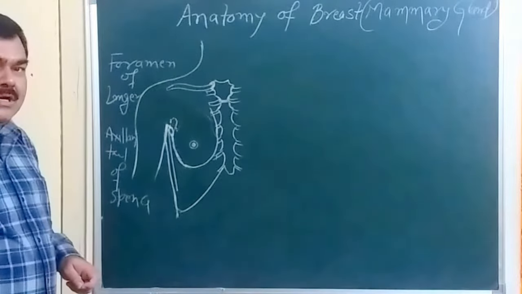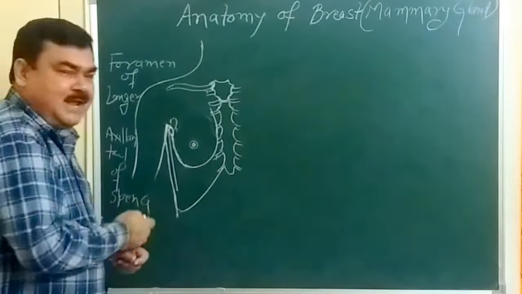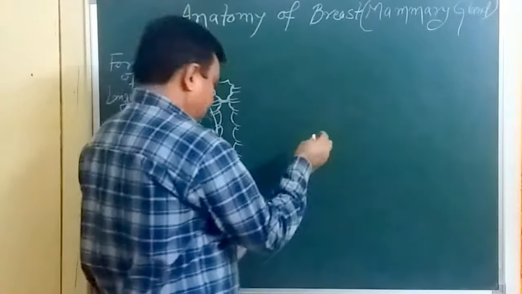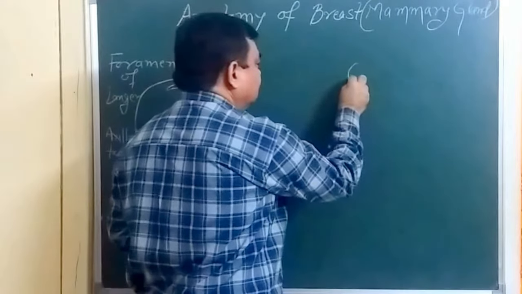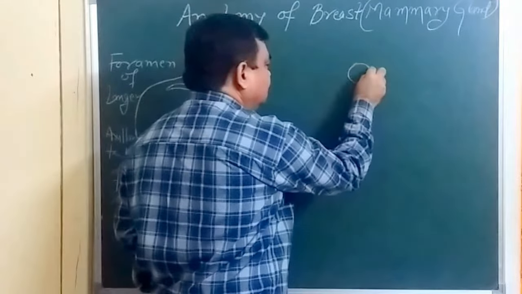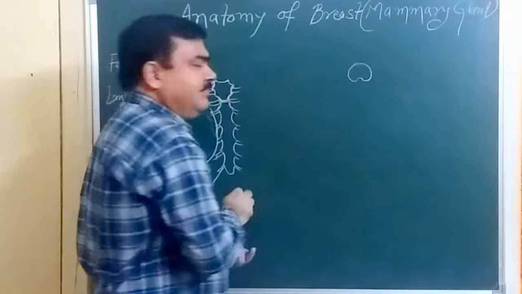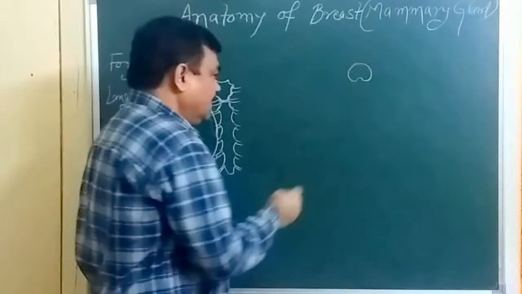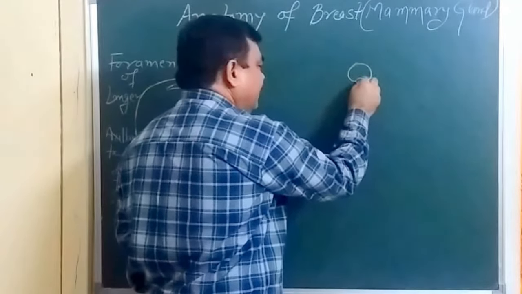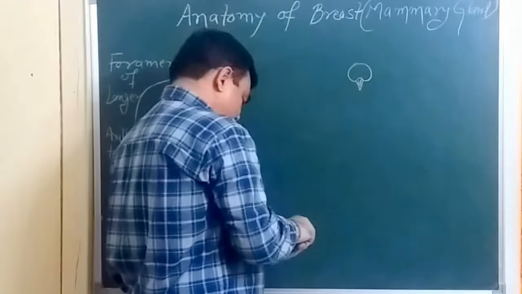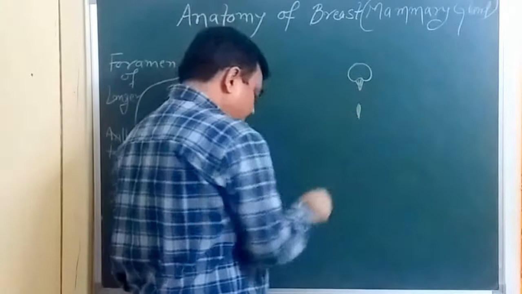If you cut a section in the parasagittal plane, you will find this is the clavicle, here is the subclavius muscle, then the pectoralis minor.